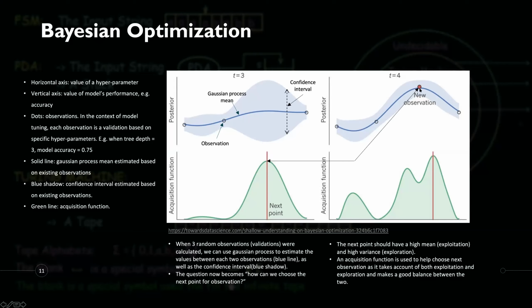Next time we'll use this value to train the model again, end up with one more observation, and repeat the process again and again until we get the best set of values. This is the so-called Bayesian optimization.